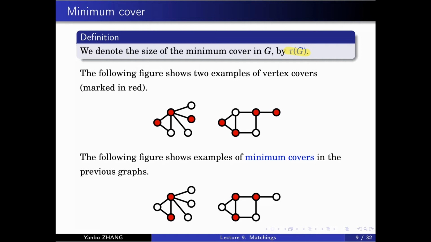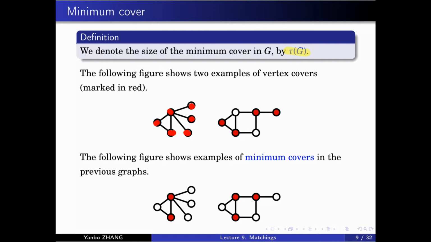The following figure shows 2 examples of vertex covers marked in red. They are not minimal covers or minimum covers. Actually, the set of all vertices also forms a cover. We can define minimal covers, but here we pay more attention to minimum covers.